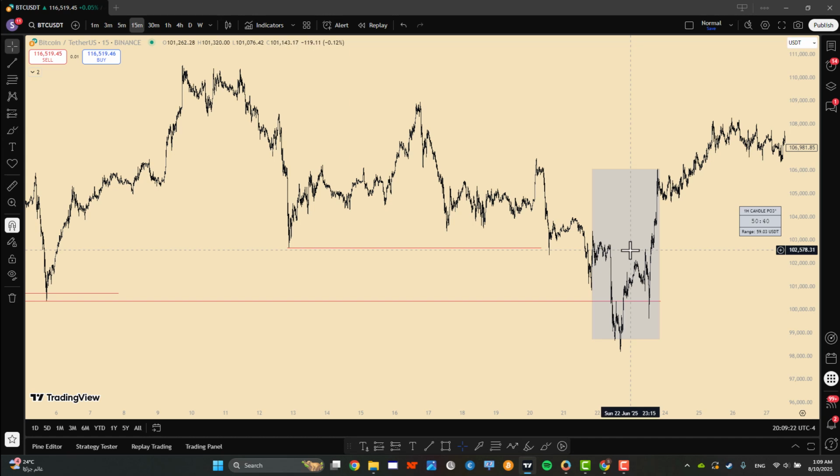They're not going to happen at the same time, so you're not going to have to watch multiple charts every single day. You're just waiting for that high probability level to get hit. That's it.